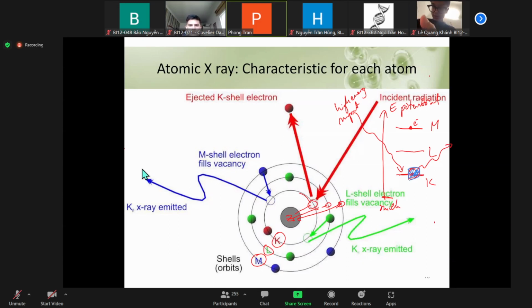So the tendency is that the electron in the second layer, with higher energy, will fall down to fill the empty position left by the electron, because the L layer electron has higher potential energy. When the electron falls down this way, it emits energy equal to L minus K. So here you have X-ray emission.